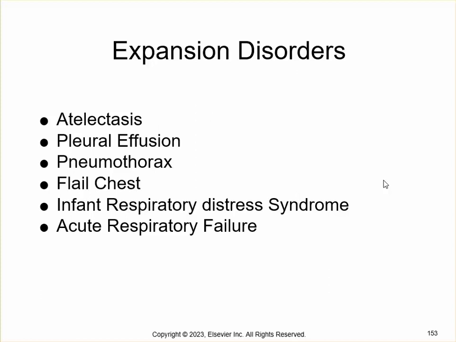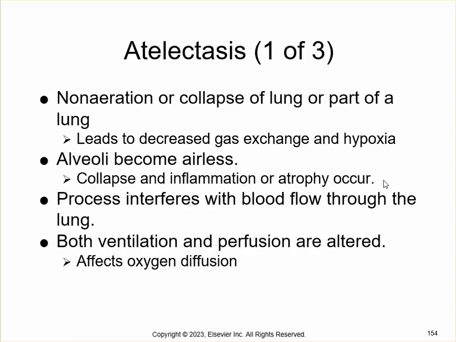Okay, there's problems. These are the expansion disorders, so pneumothorax, pleural effusion, atelectasis, and flail chest are kind of in this category. Atelectasis is non-aeration, it's lung collapse. It might just be part of the lung.